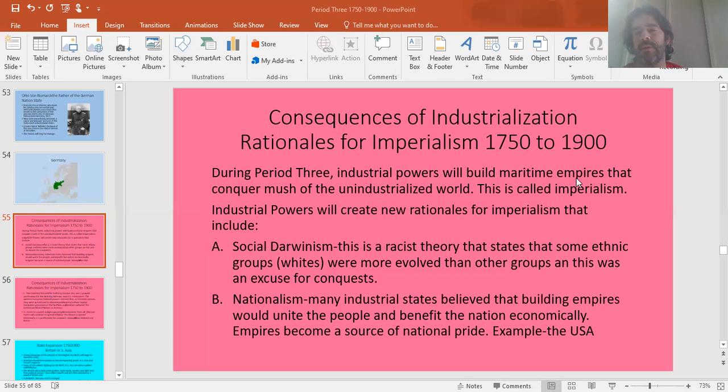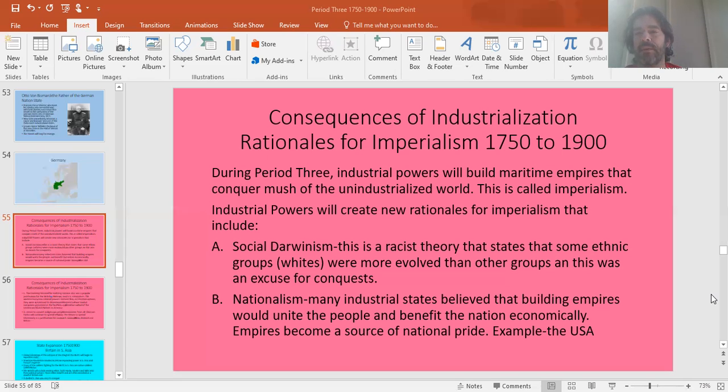And what has happened over and over in this class, when people produce more resources, resources equals power. And what do people do when they have power? They start to conquer other groups of people. All of the industrial powers in this unit will also build empires.